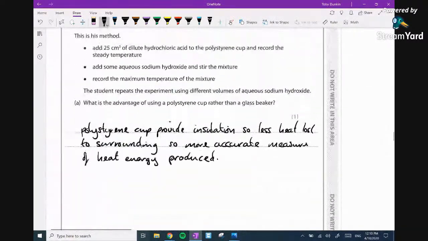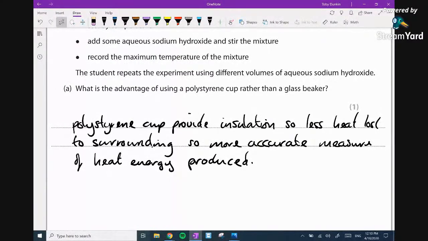I just don't trust them. Students, okay, some students, especially boys, have a bad habit of wanting to write as little as possible, and they'll just go, insulation! They'll just give one word. You're going to lose it, folks. The reason why I'm doing that is I'm expecting the fact that it's going to provide insulation is probably going to be the mark, but I'm very aware that the question's a bit ambiguous, and for 1 mark, they could be looking for you to say, therefore, there's going to be less heat loss.